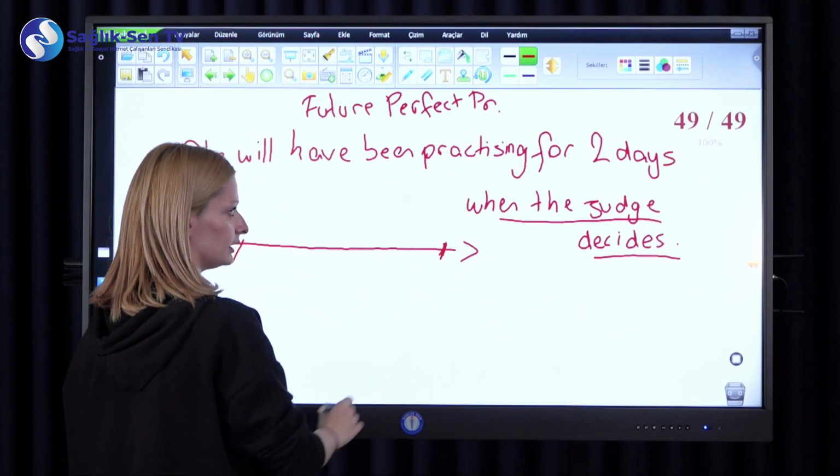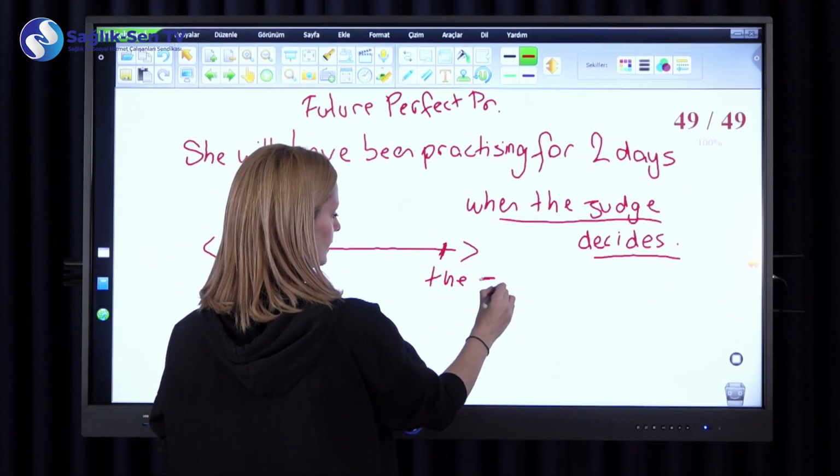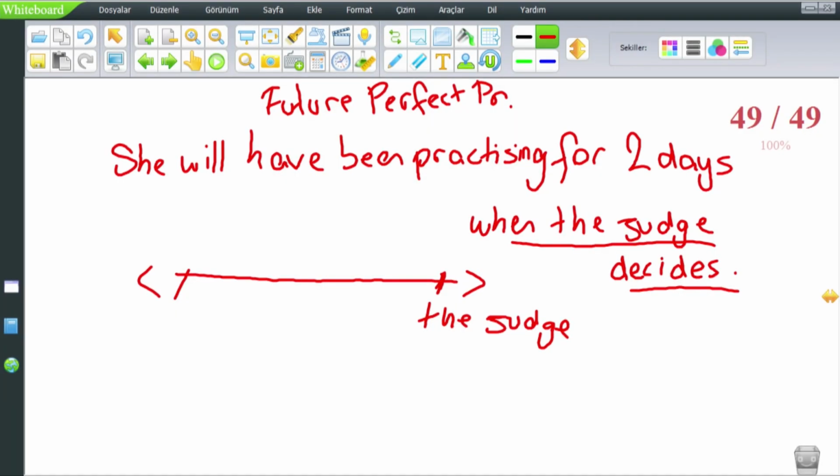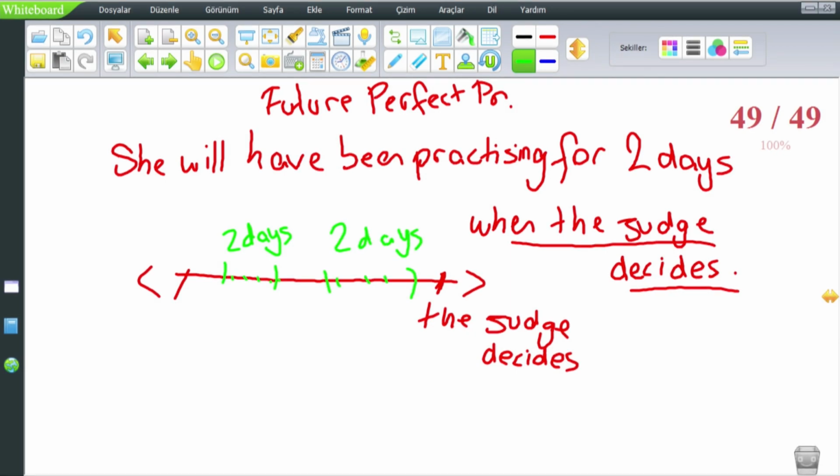This is my time limit. The judge decides. And somewhere in this timeline, for 2 days, she will have been practicing, but we don't know when.